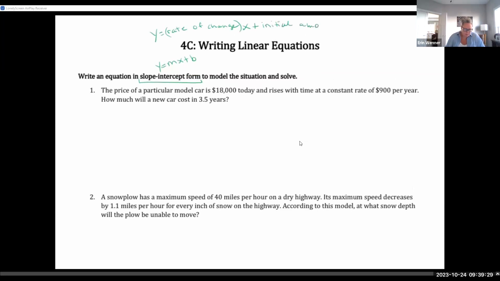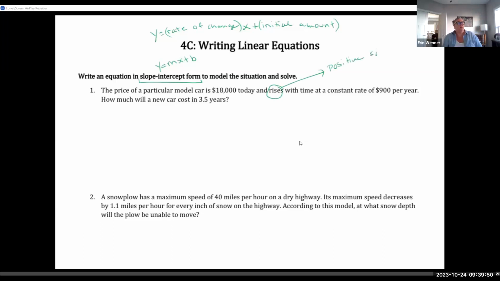In number one, it says the price of a particular model car is $18,000 today and rises with time at a constant rate of $900 per year. So rises, that means we are going to have a positive slope because it's increasing.